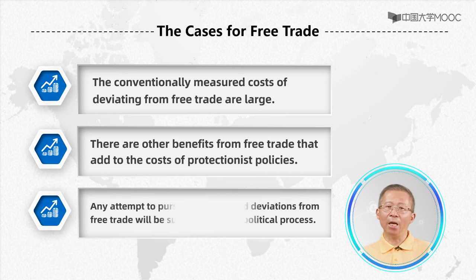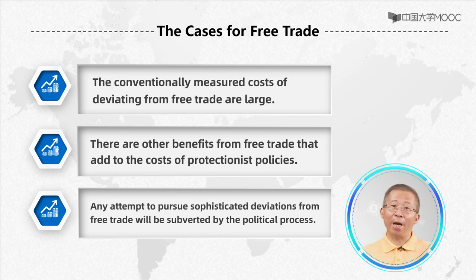Three, any attempt to pursue sophisticated deviation from free trade will be subverted by the political process. Nonetheless, there are intellectually respectable arguments for deviating from free trade, and these arguments deserve a fair hearing.